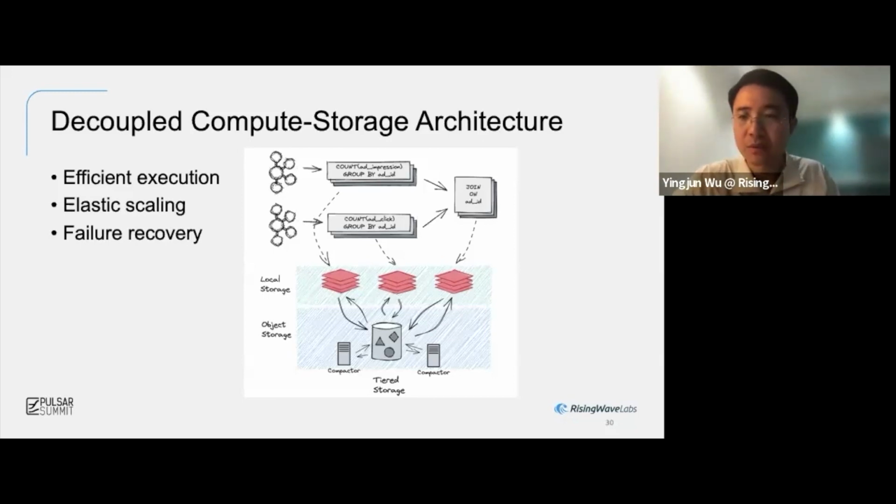So this brings several benefits. The first one is about the execution. Because you can maintain large states in the remote object store, you do not need to maintain, let's say, 100 EC2 nodes, because that would be very expensive, right?